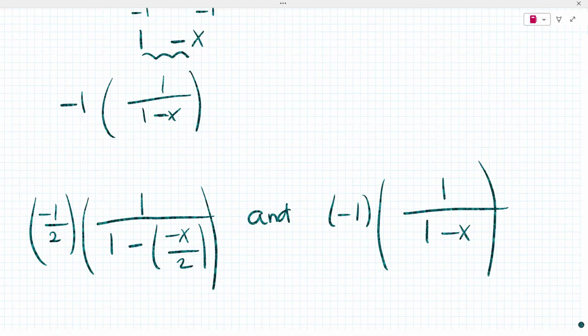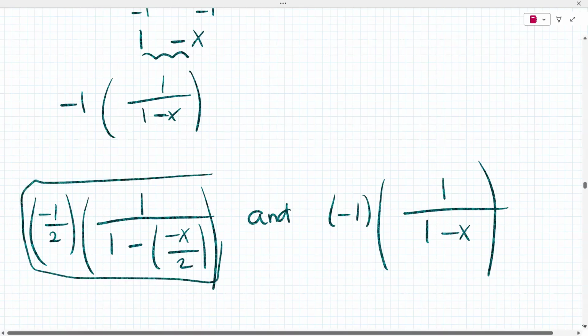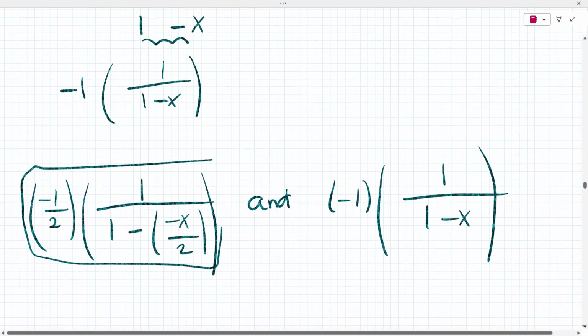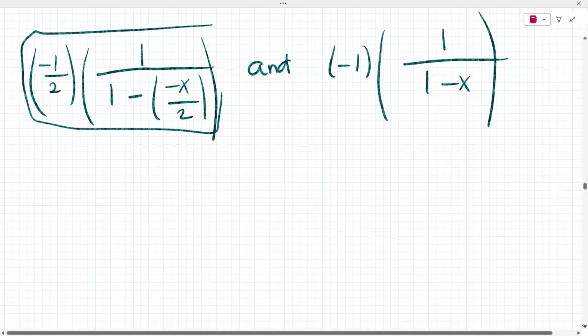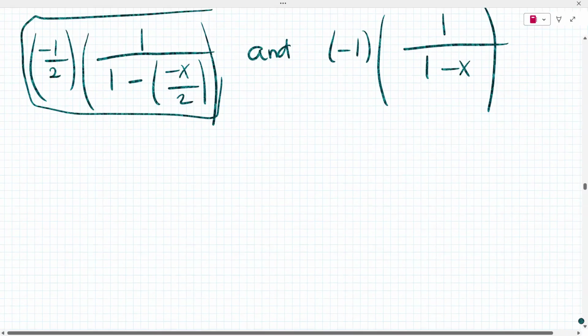Let's do the summation. Over here, what would be the summation? It would be expressed as this.